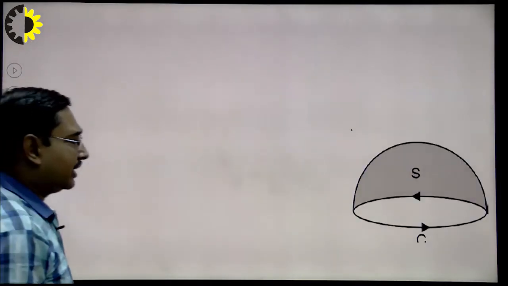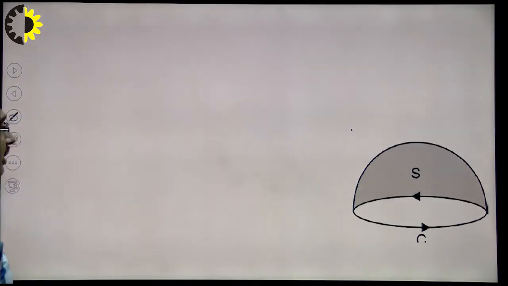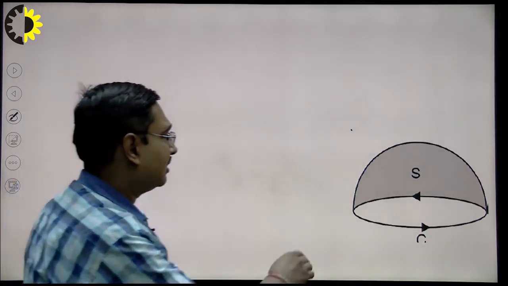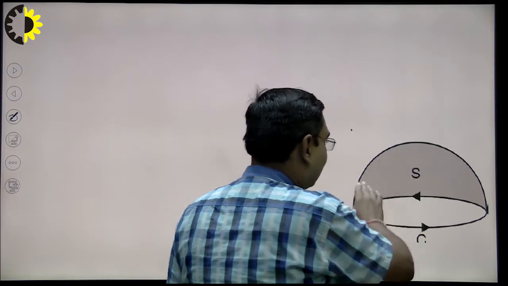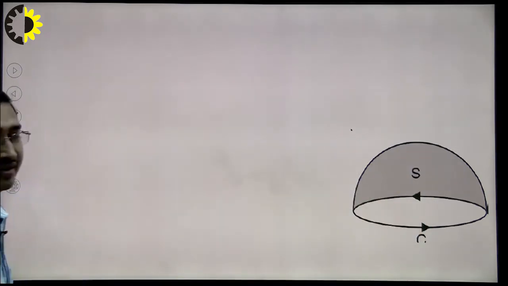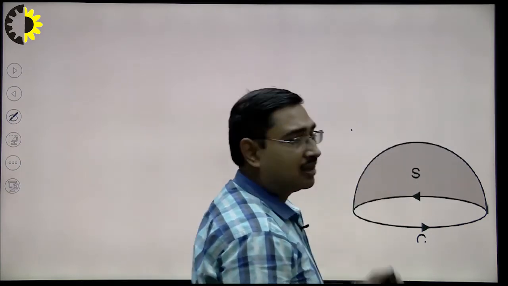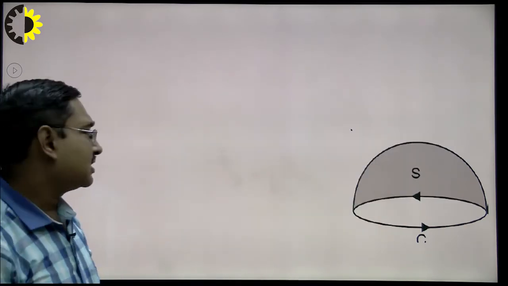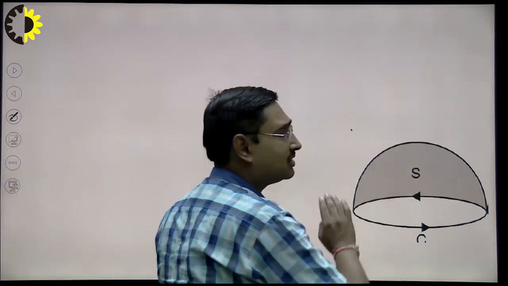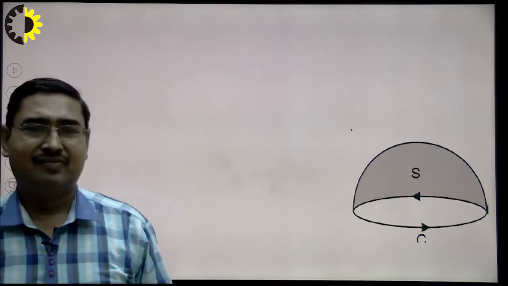Now, we need to calculate n cap. Here the surface is this surface of the hemisphere. We want to find the normal vector for this surface, because this hemispherical surface is not lying entirely in the xy plane.